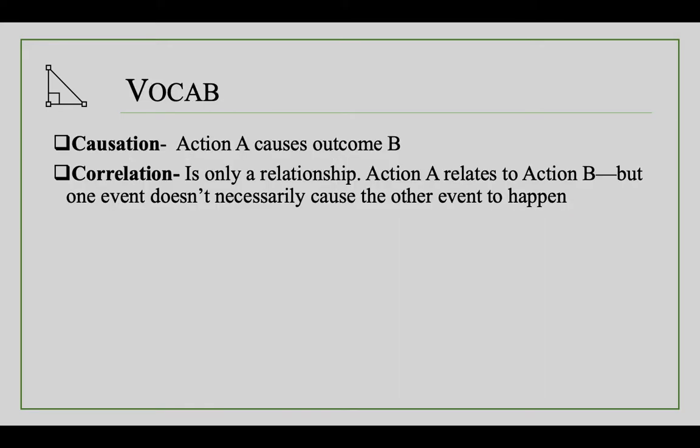Okay, so the vocab for today's lesson is going to be causation and correlation. Causation is when action A causes outcome B. I drank a soda and now I'm burping. So action A was soda, outcome B was burping because of the carbonation. Correlation is only a relationship. Action A is related to action B, but one event doesn't necessarily cause the other event to happen.